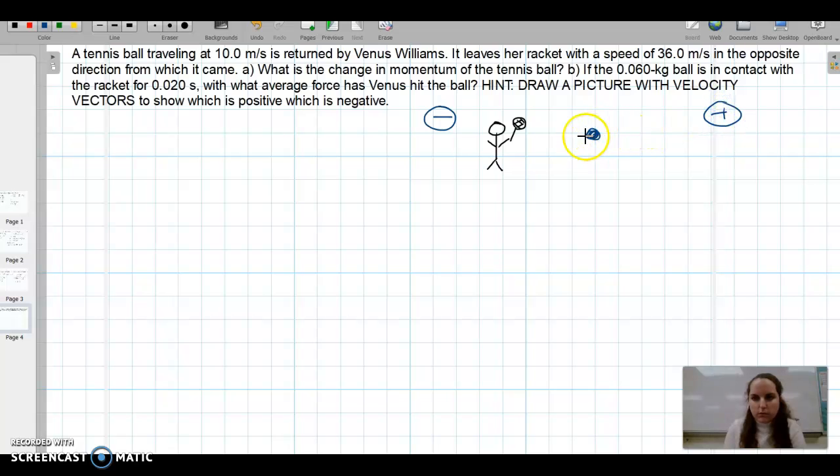So in order to apply these velocity vectors here. So this was 10 meters per second, and then Venus Williams hits it, and it returns to the opposite side with 36 meters per second. So now I have to recognize, all right, in which direction does each happen? So this is actually going to be my negative, and this is going to be positive here.